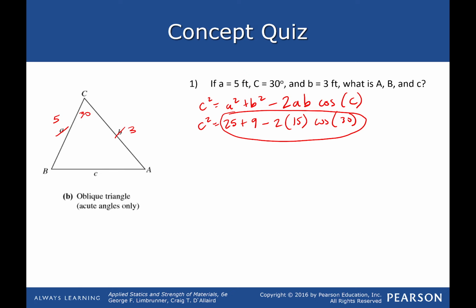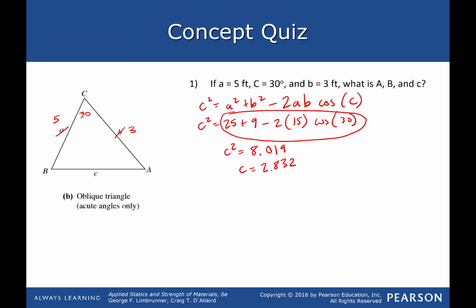Ooh, I like that. Symmetry. And I get that c squared is equal to 8.019. And the square root of 8.019 gives c equal to 2.831. Sorry, 2.832.